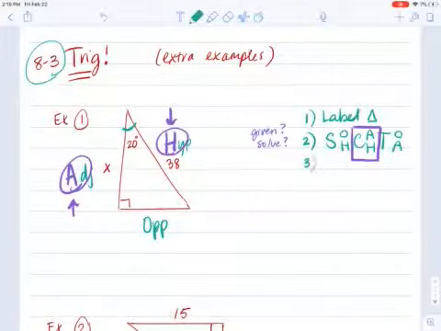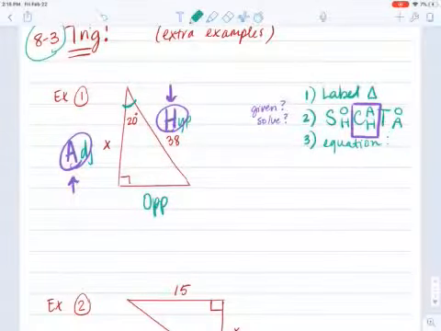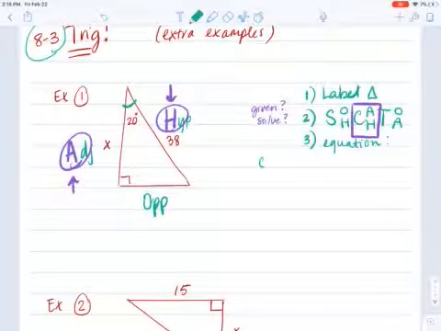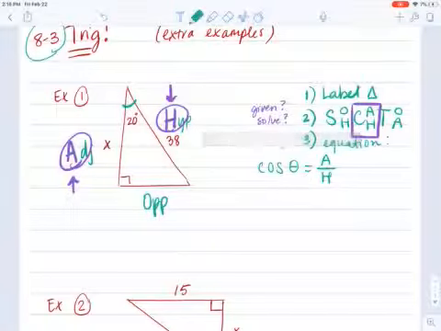So my next step is to set up the equation. And the next step is just solve. I'll go ahead and do both of those right here. Since it's cosine, I'll write the general equation: cosine of theta equals A over H, so adjacent over hypotenuse. Okay? And then we just plug in what we know.